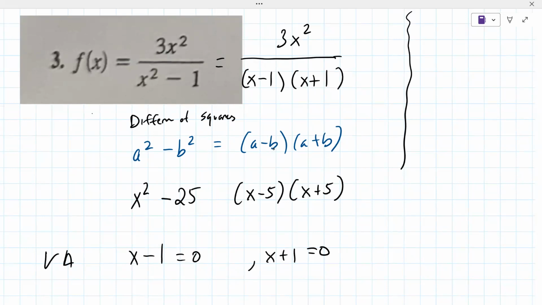Okay. What does that become? X plus 1. Okay. So for that right there, 1 and negative 1. Give me the equations, Sourish, the equations. X equals 1 and x equals negative 1. There you go.